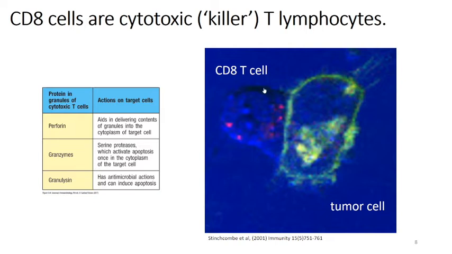phagocytes. In this movie, it's quite busy, but what we need to look at is these little red spots, which are the granules, and this target cell here is a tumor cell. What you'll see is there's actually an interface between the T cell and the target cell. It's like a synapse.